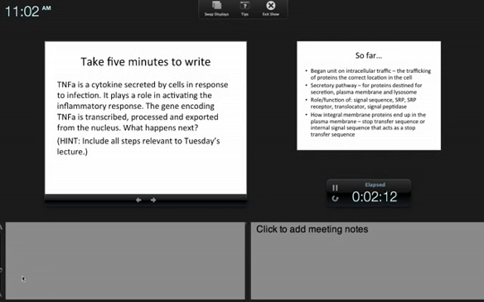It plays a role in activating the inflammatory response. The gene encoding TNF-alpha is transcribed, processed, and exported from the nucleus. What happens next? Hint: include all steps relevant to Tuesday's lecture. So don't tell me what you learned in 201 and 309. Tell me what we've learned in this class that's relevant to this. Take 5 minutes, do the best you can, and then we will go over it.